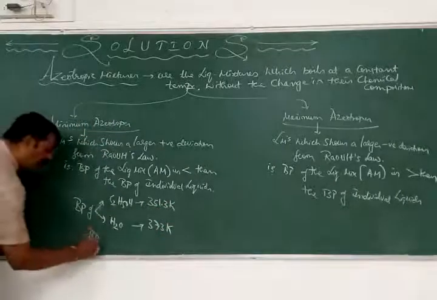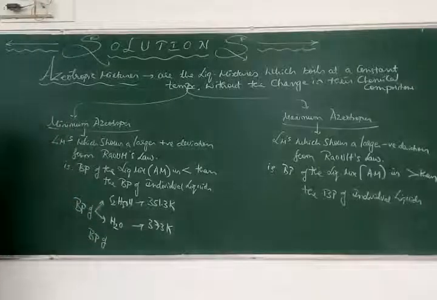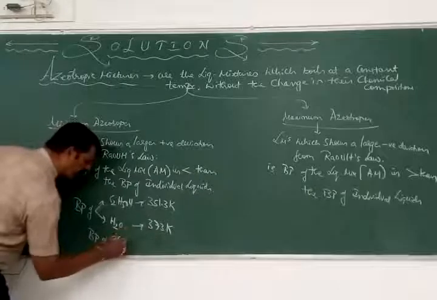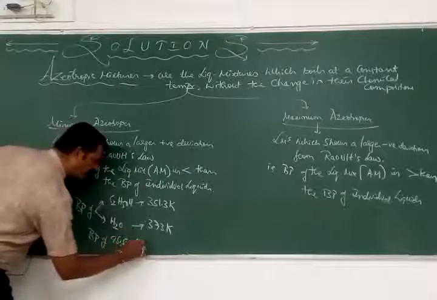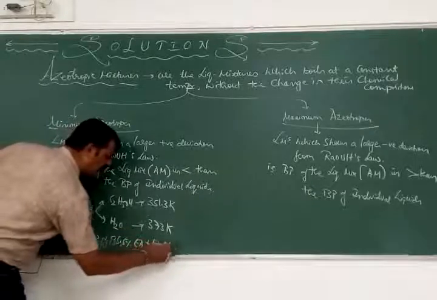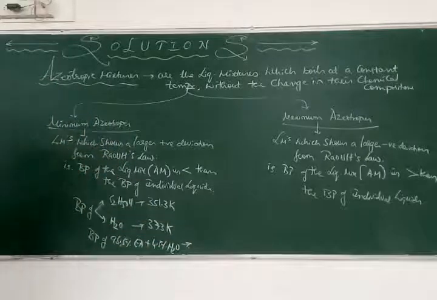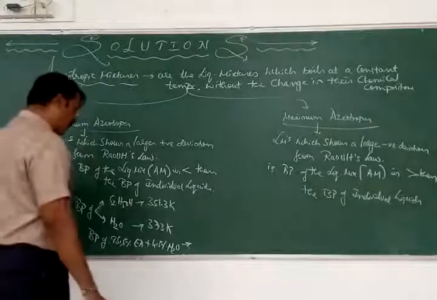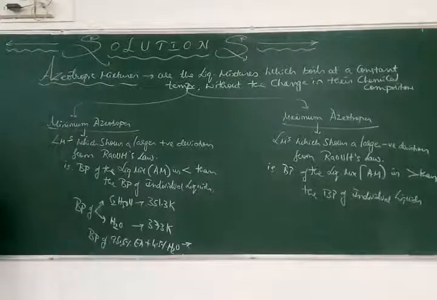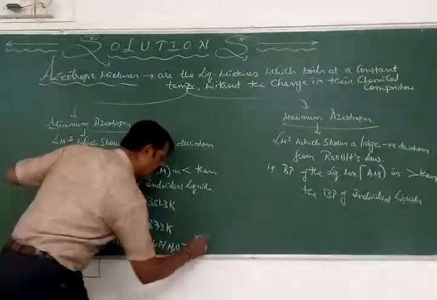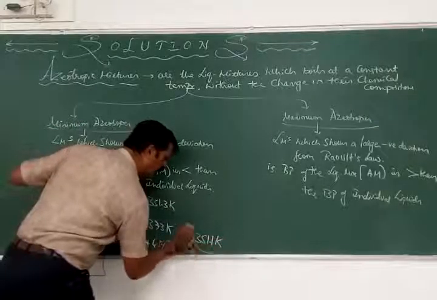But for 95.5% ethyl alcohol plus 4.5% water, which is indirectly called rectified spirit, that we will discuss in the alcohol chapters, the BP of the resulting mixture is found to be 351.1 Kelvin.